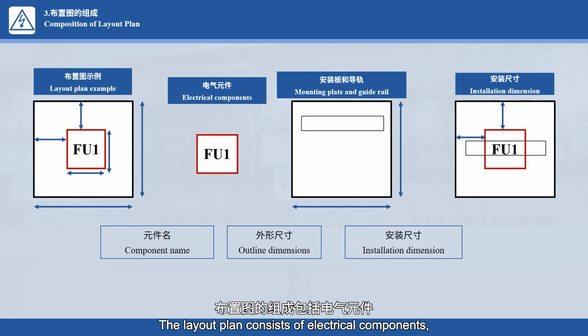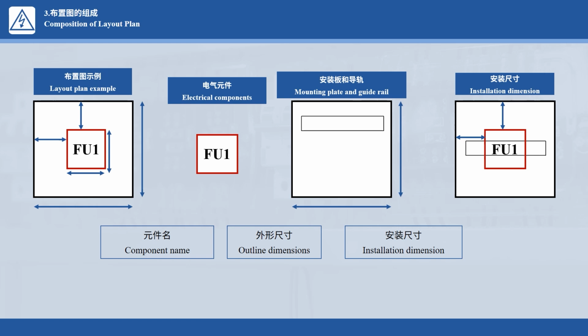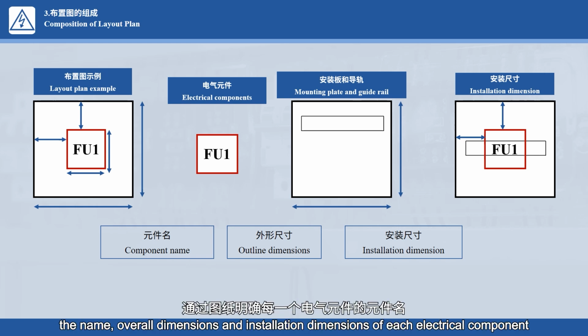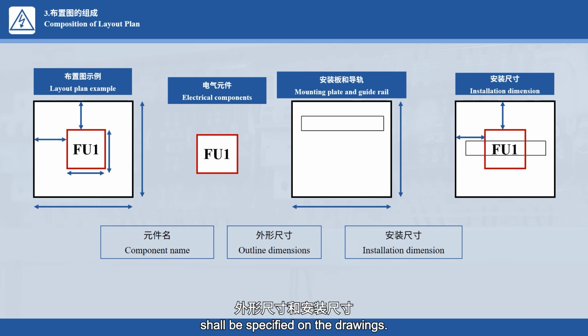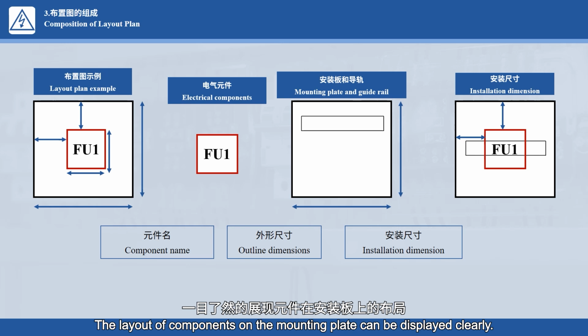The layout plan consists of electrical components, mounting plates, and guide rails, as well as installation dimensions. In other words, the name, overall dimensions, and installation dimensions of each electrical component shall be specified on the drawings. The layout of components on the mounting plate can be displayed clearly.